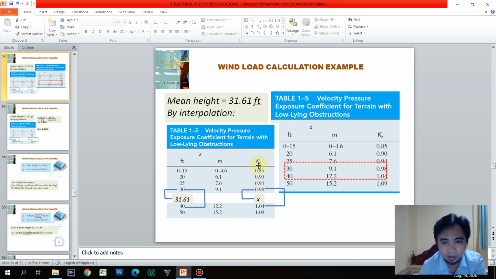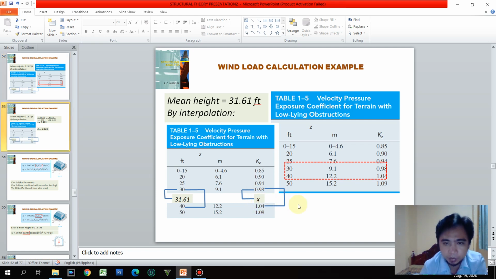Similarly, in KZ, of course, we will designate the unknown KZ for 31.61 as a variable, that is x. Similarly, we are going to connect the lower limit and upper limit, as well as the variable.